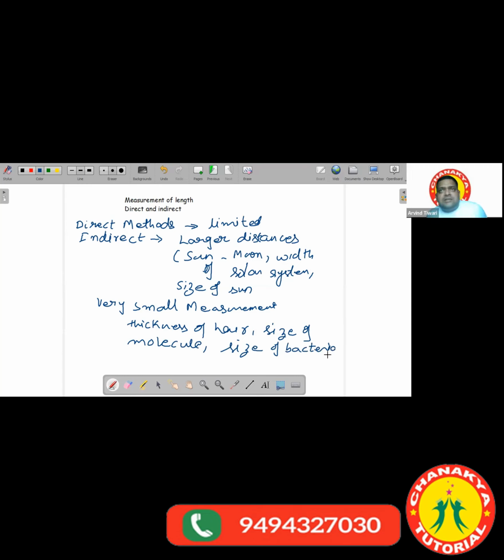Okay, so let us see how we can find out different distances. How can we measure the distance of the moon, or find out the diameter of the moon? This is one of the examples.